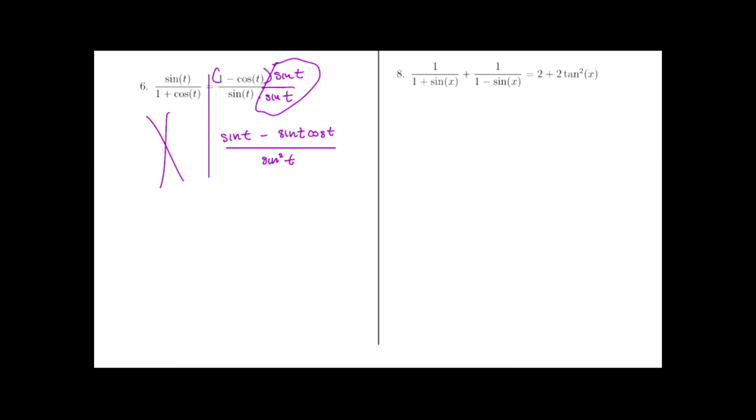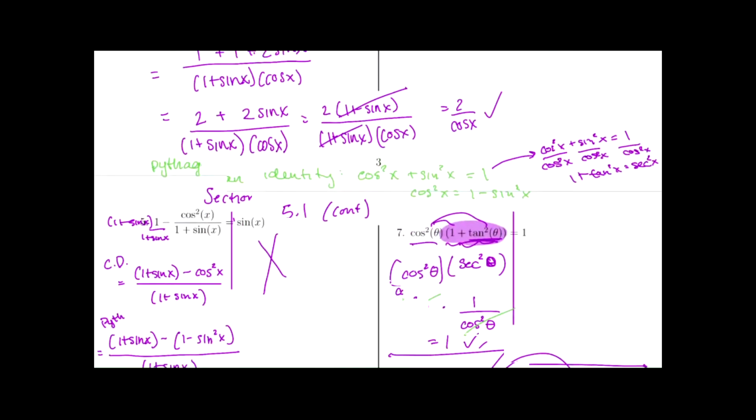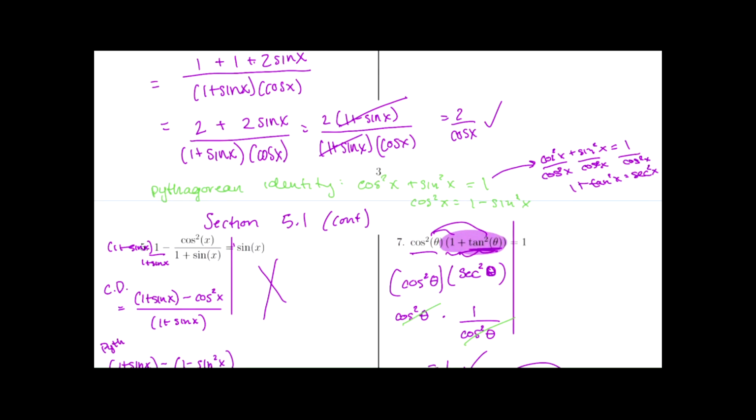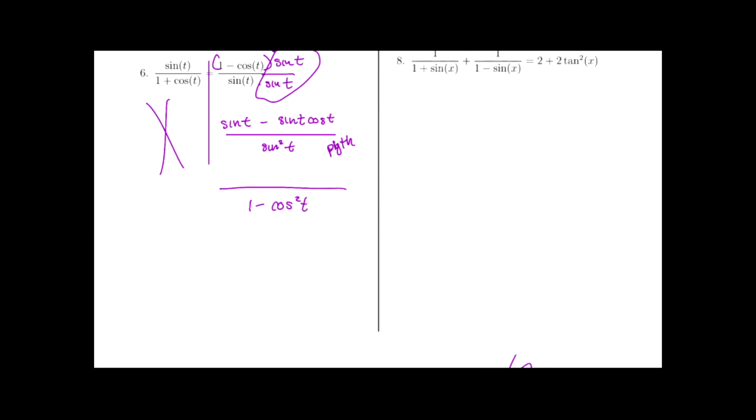So sine t over sine t, multiplied by that, you get this. I'm going to go ahead now and rewrite the bottom using the Pythagorean identity. So you're looking at 1 minus cosine squared t. Again, that's from this. I am rewriting sine squared as 1 minus cosine squared, which is a thing I'm allowed to do.